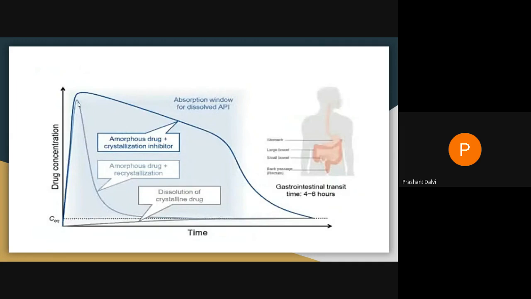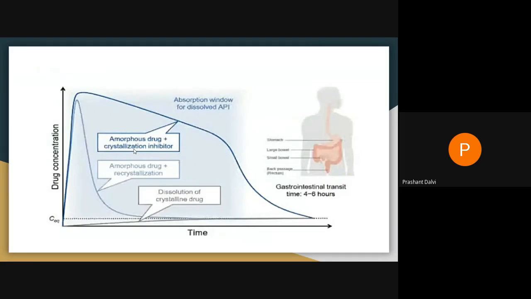But after 4 to 6 hours, due to the recrystallization and instability of this amorphous form, the presence of the drug at the targeted site decreases, and it shows less viability.